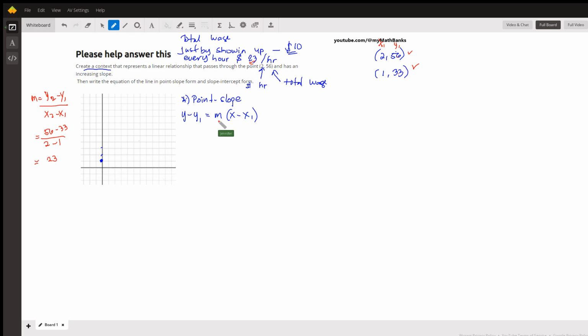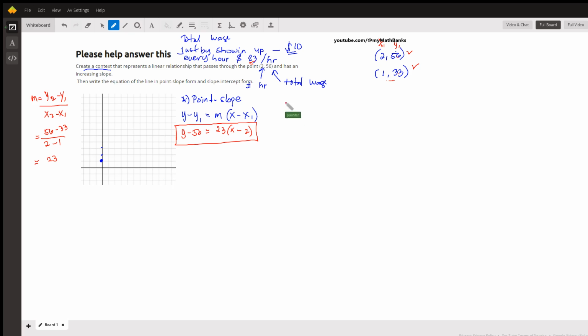Now I can substitute that here. y minus my y1, which is 56, and if you don't want to use this, you can also use the other point. So y minus 56 equals m, which is 23, times x minus 2, because that's the partner of 56. Now this one here is your point slope form.